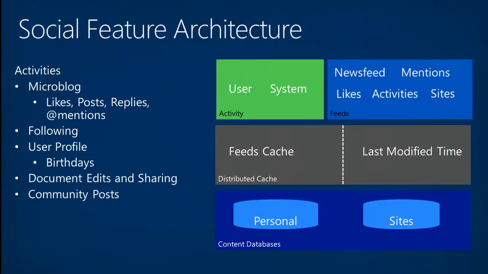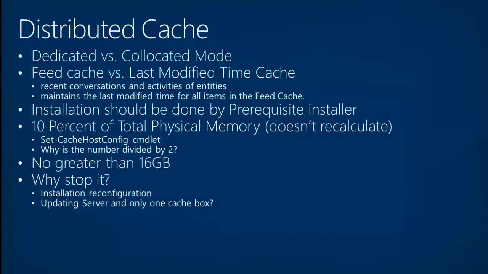But let's talk a little bit more about distributed cache and some of the things that you need to consider when you actually go to deploy this. So we actually have two modes for distributed cache. We've got dedicated and we have co-located mode. The dedicated mode, I believe, is going to be more of the recommendation, and that's really pulling the distributed cache off of the servers and putting it onto dedicated servers for distributed cache.